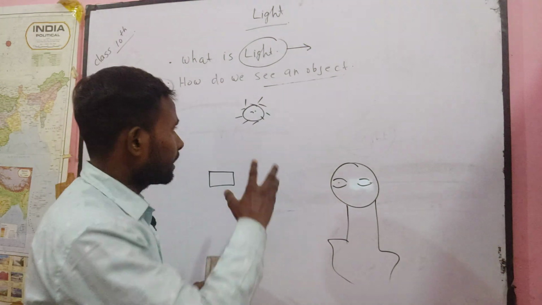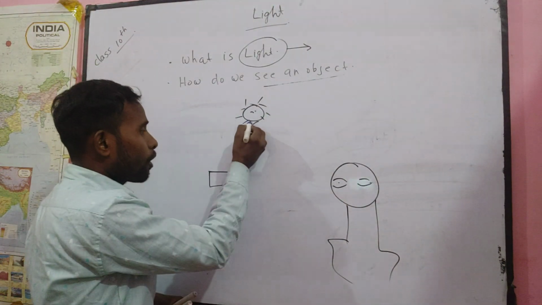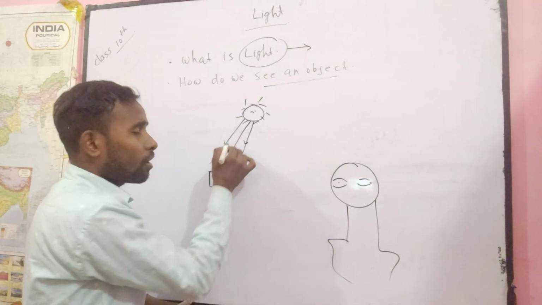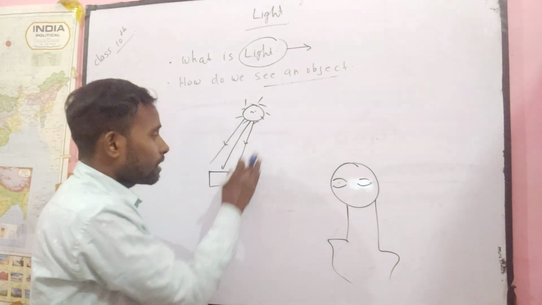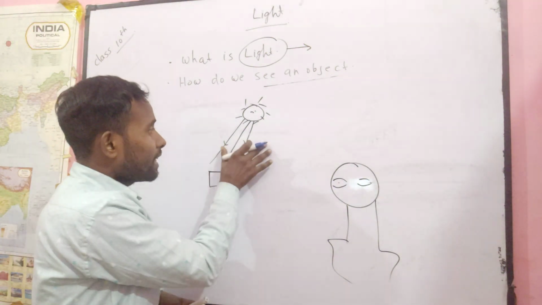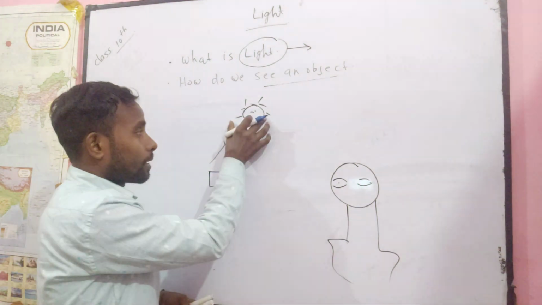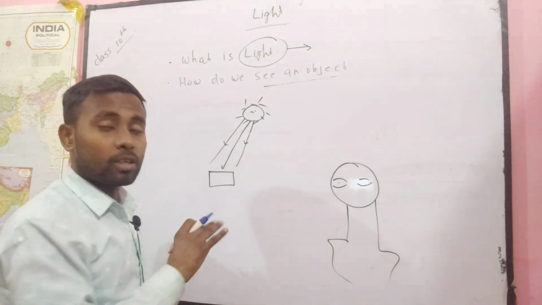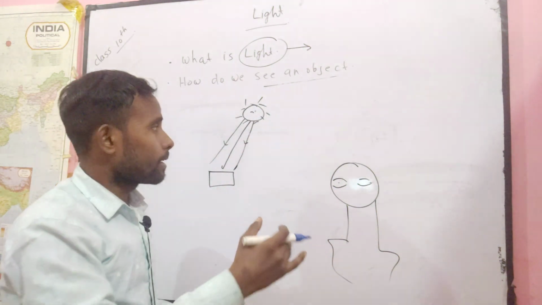That means suppose this is the sun, and when sunlight falls on this object, a lot of light rays fall on it, and again this object reflects different light rays. You cannot use the word reback here, you can just use reflection, about which we will discuss in the next class.